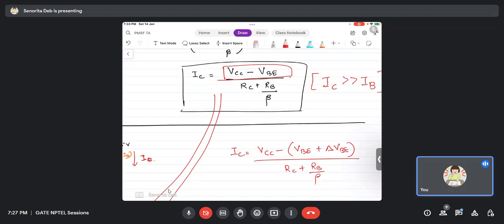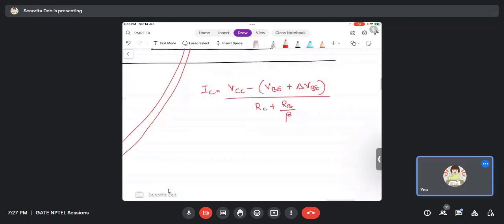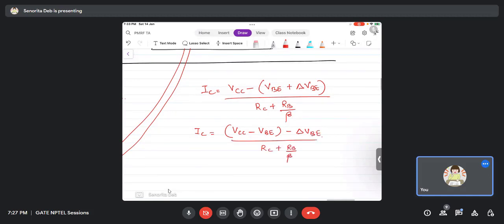So for a self bias circuit, IC equals VCC minus VBE, which is your previous numerator, minus delta VBE, by RC plus RB by beta. So as long as VCC minus VBE is very much greater than delta VBE, your circuit is okay, right? As long as this is satisfied, the self bias circuit is good.